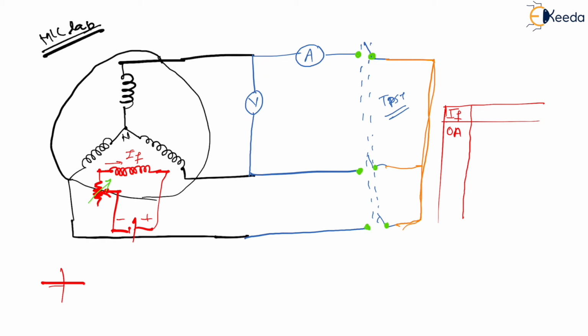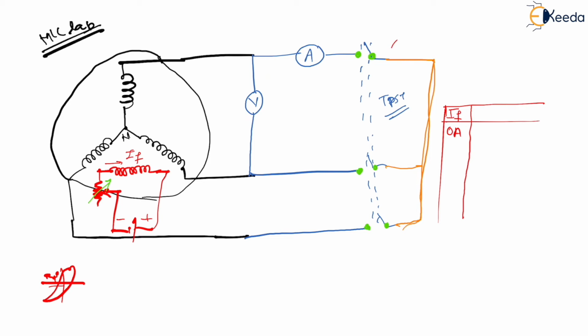So BH curve is this way, right? There will be some residual magnetism left or not? Yes. Because of that residual magnetism, even if this is open circuited, will there be any EMF? Yes, definitely there has to be some EMF.